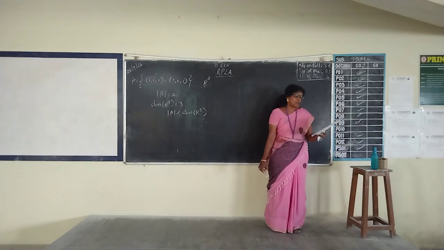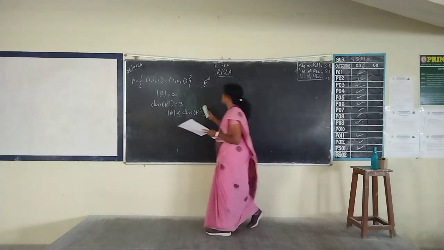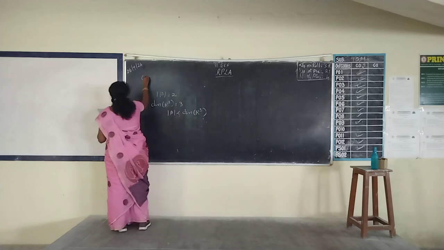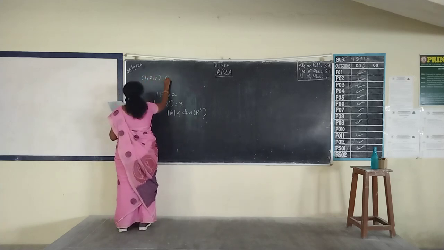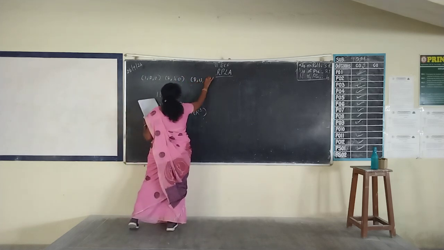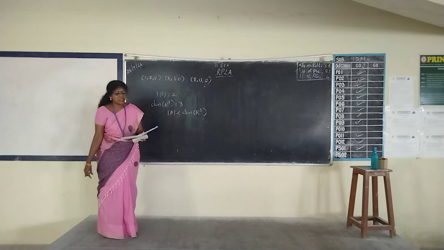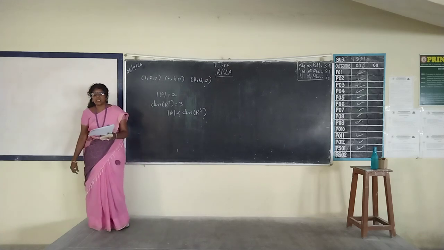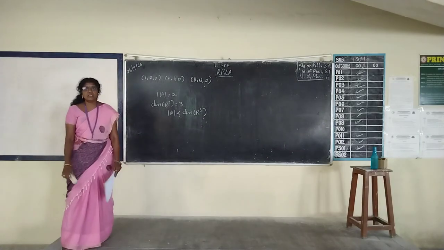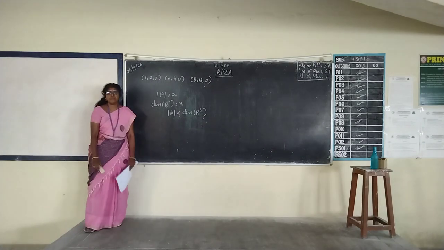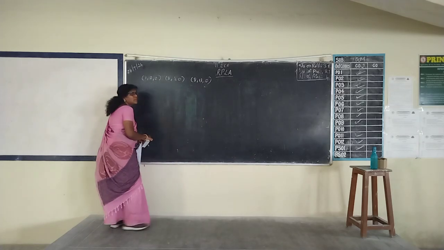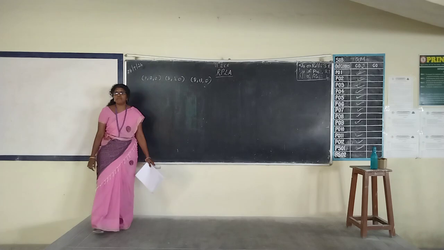Verify whether the vectors (1, 2, 0), (2, 3, 0), (8, 13, 0) form a basis of R cube.